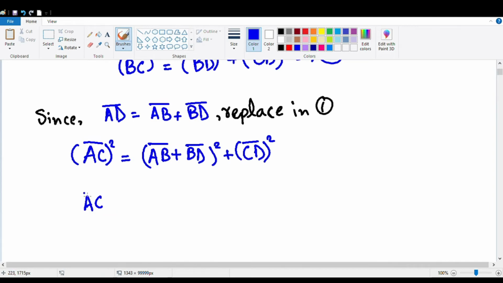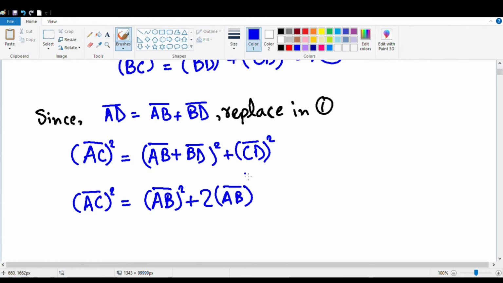So AC whole square is equal to AB whole square. This is like the A plus B whole square formula from pre-algebra. I'm pretty sure you already know it, right? So this is like A, this is like B. So A square plus 2 into A, which is AB in this case.